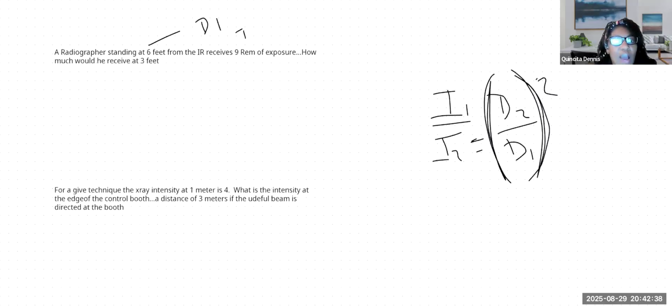And then it wants to know how much exposure, so your I2, that's going to be the question. How much exposure would you receive at 3 feet? So 3 feet is your D2. All right, so I plug those numbers into my equation. We'll work it out together and tell me what numbers you come up with.